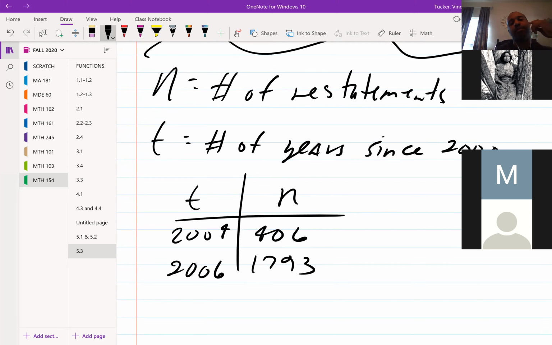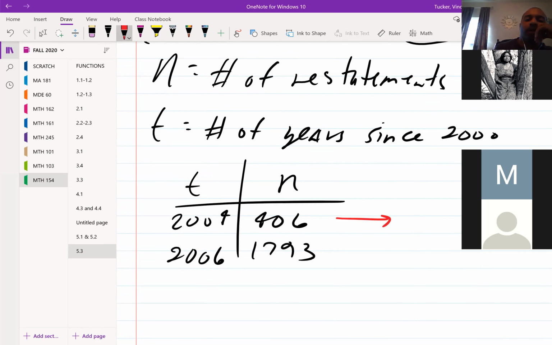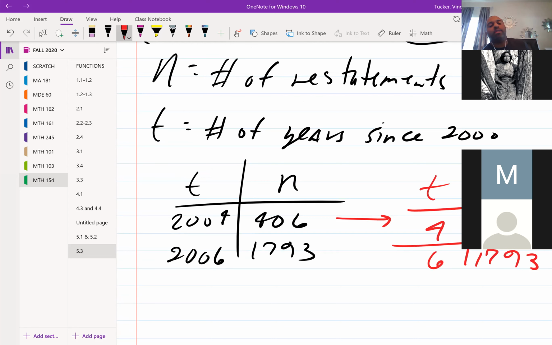All right, so that's the given information that they have given us. Now, going back to our variables, we have to convert that because N is fine, but T is the number of years since 2000. So the actual information that we'll use is 4 for 2004, and then 6 for 2006.